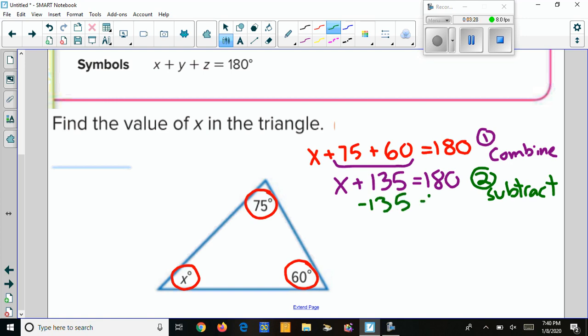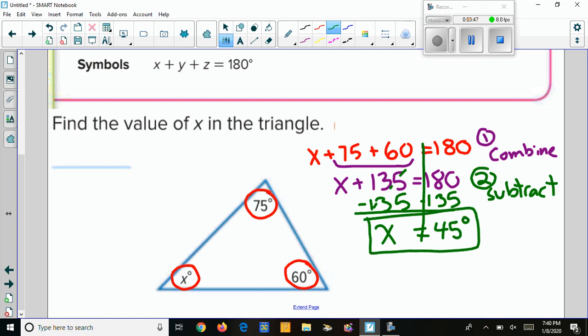But the great thing is once you have set up the equation, you're done with the geometry part, and all you are left to do is to complete the algebra. 180 minus 135 is 45 degrees, and I find my answer.